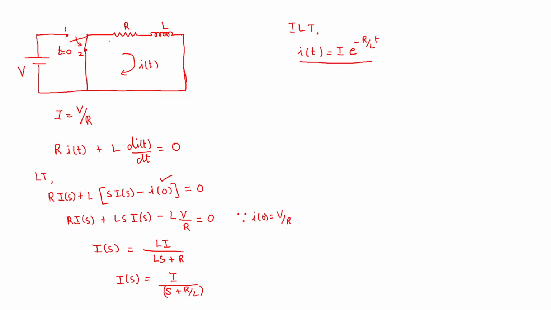Let us also find the voltage drop across the resistor, that is VR of t, and VL of t. The summation of these two potentials is equal to 0.